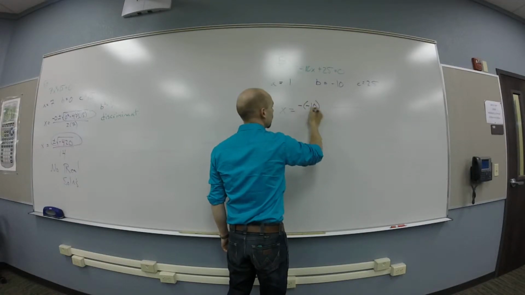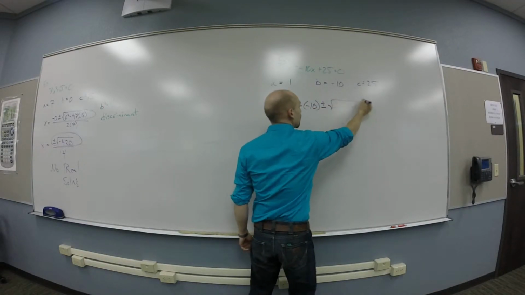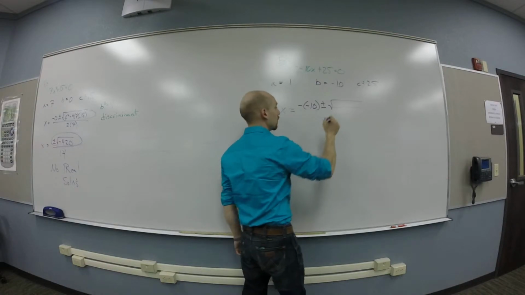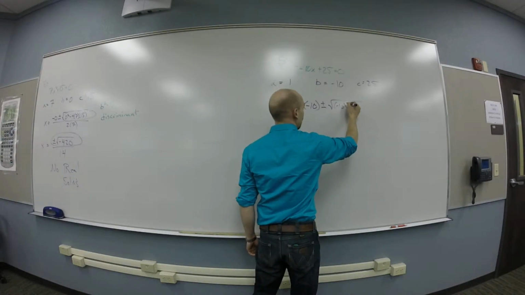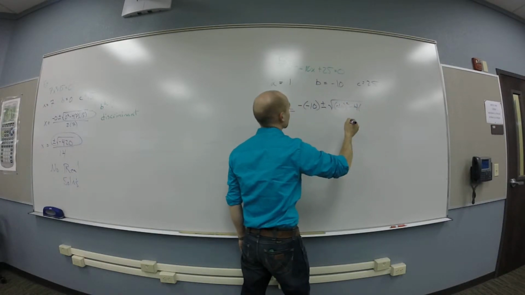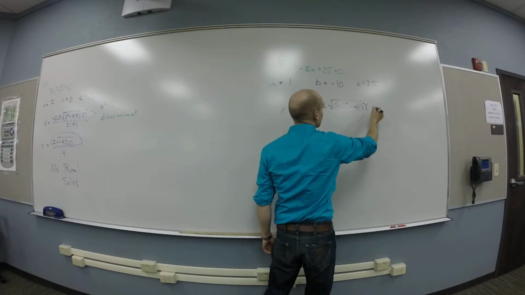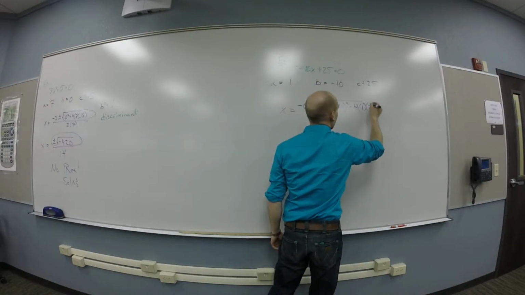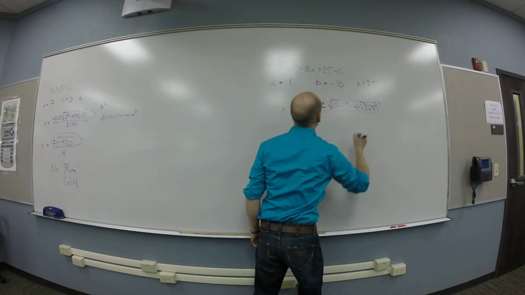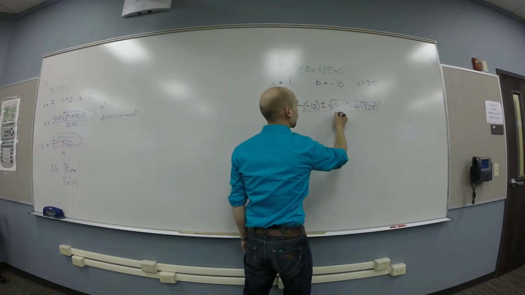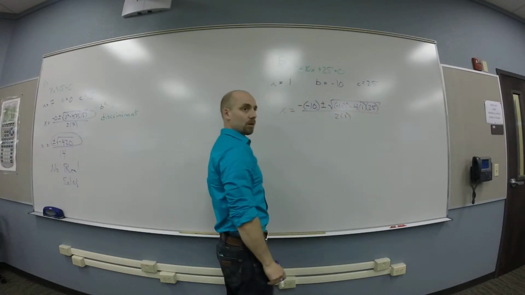So x should be what? Negative 10 plus or minus the square root of negative 10 squared minus 4 times 1 times 25 divided by 2 times 1.